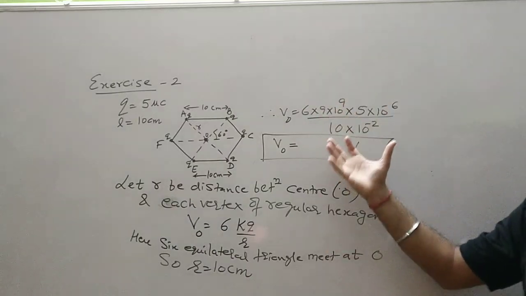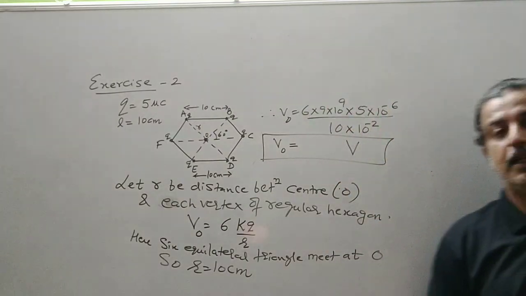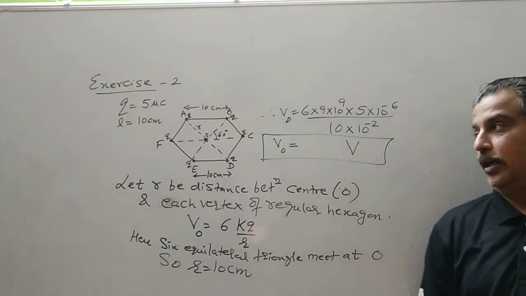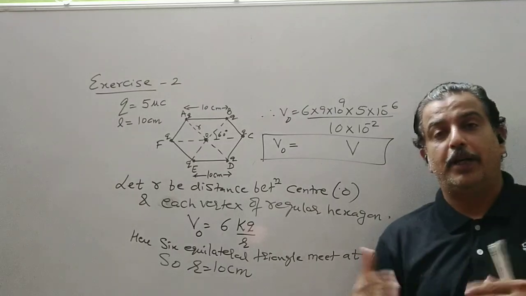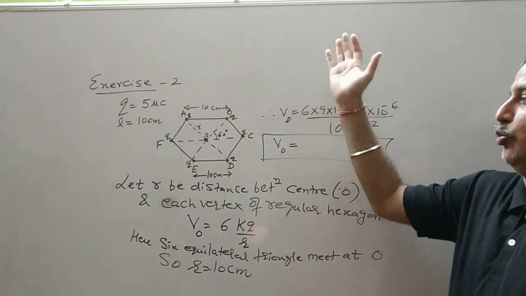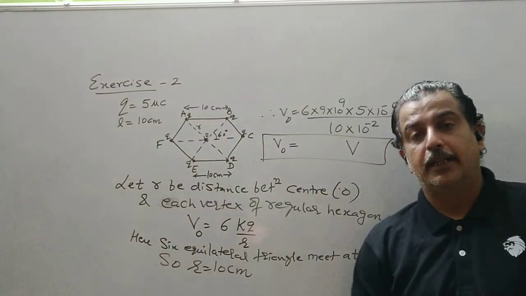So do this calculation. This much volt or this much joule per coulomb is required to bring a unit positive charge from infinity to a point at the center.